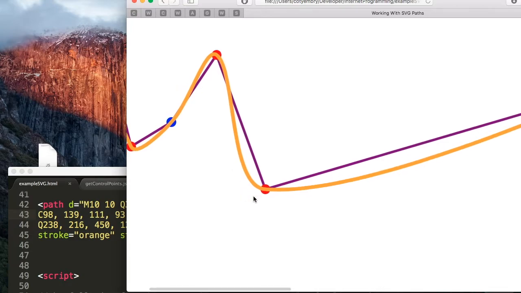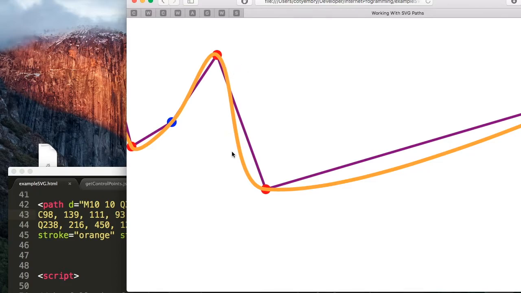What you do here is you put control points on this point and on this point. A control point comes out a certain distance, and you can think of it kind of like a magnet. It pulls the line in a certain direction. If you can visualize a point right here, it pulls the line this way.